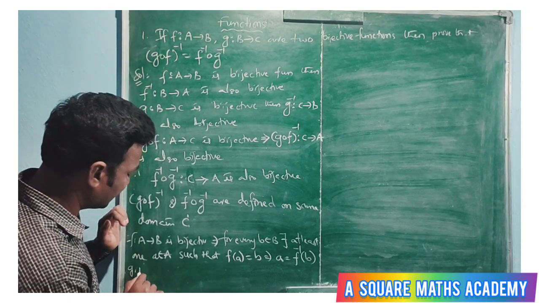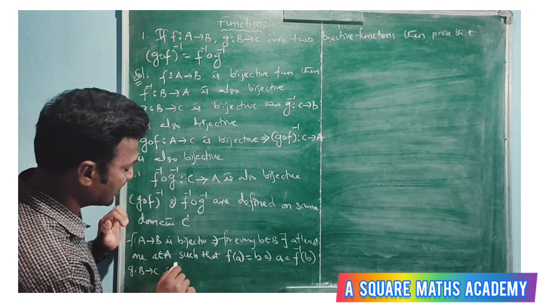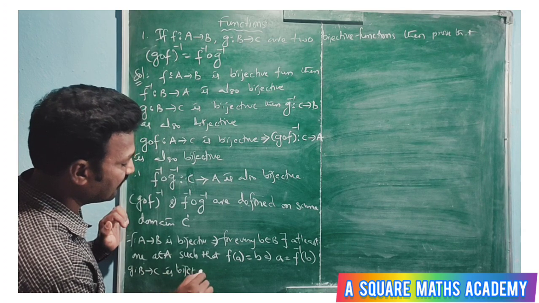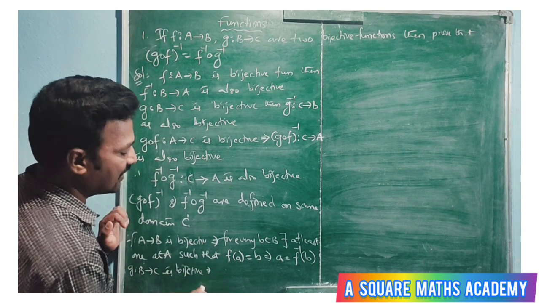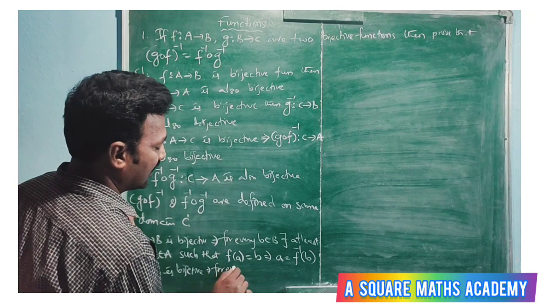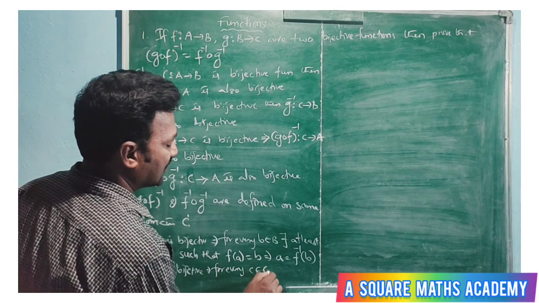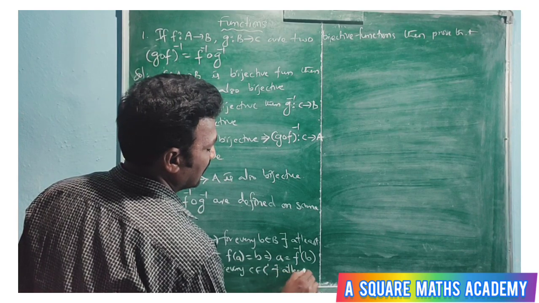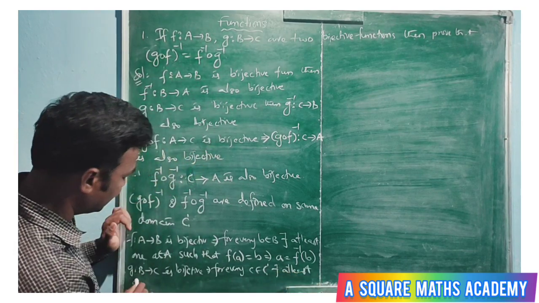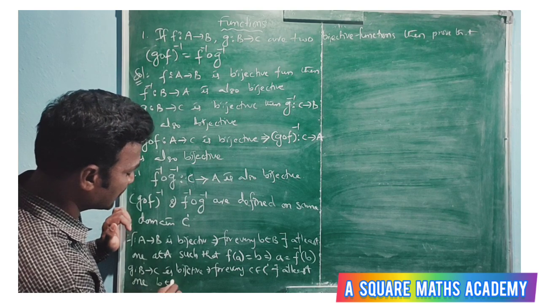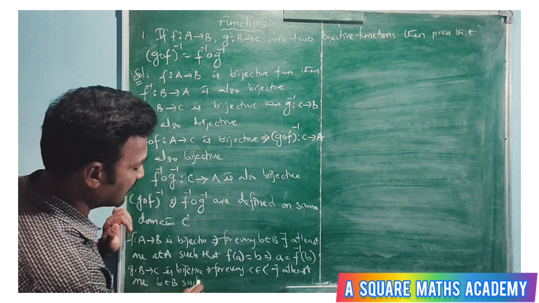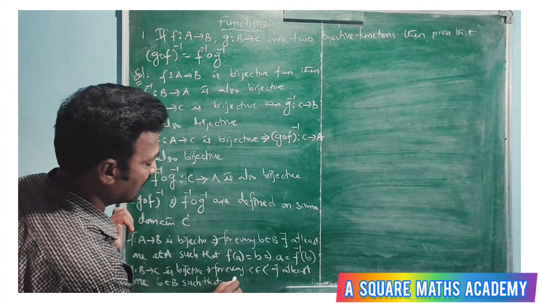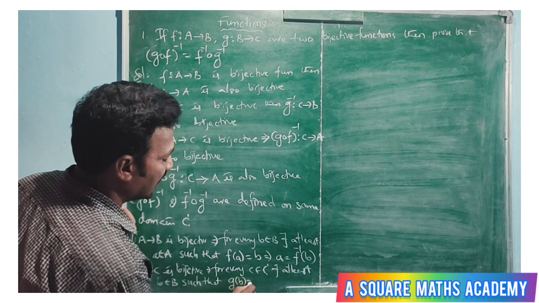g: B to C is bijective. That implies for every c belongs to C, there exists at least one b belongs to B such that g of b equals c.